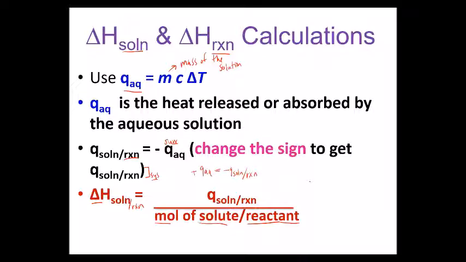This is the important equation at the end that you must know. It's not on the formula sheet. Basically, you take the heat divided by the moles and you're done. Q is the heat. But with calorimetry, once again, if you're reacting or dissolving, that thermometer is going from the surroundings perspective, so you have to change the sign in order to get the correct delta H, the correct direction of the heat flow.